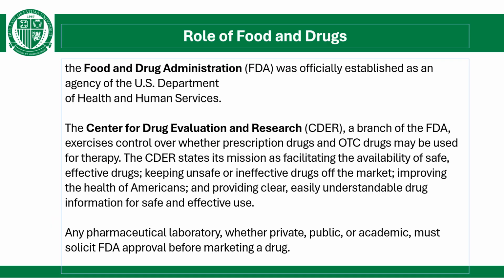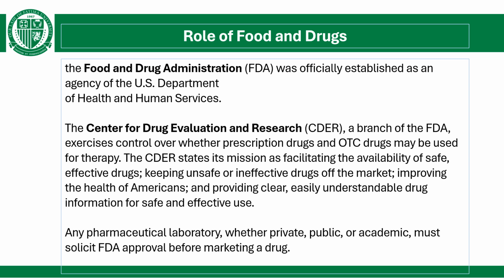Now we have the role of food and drugs. We have first the Bureau, or the government organization for monitoring the different food and drugs being created and distributed around the world. So we first have our Food and Drug Administration, same in the Philippines.